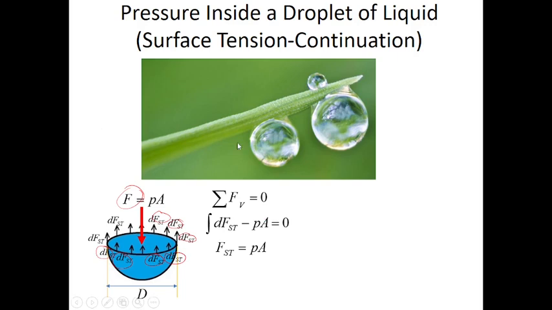And with that, we expound F sub st, the formula for surface tension. The coefficient of surface tension, or simply surface tension, we know the formula: it's force over the length.